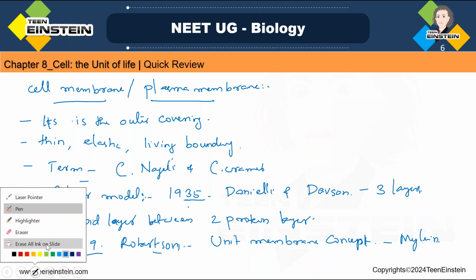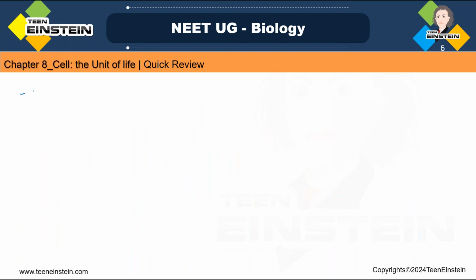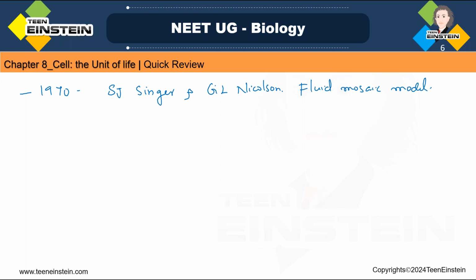Next, in 1970, S.J. Singer and G.L. Nicholson proposed which one? The fluid mosaic model.